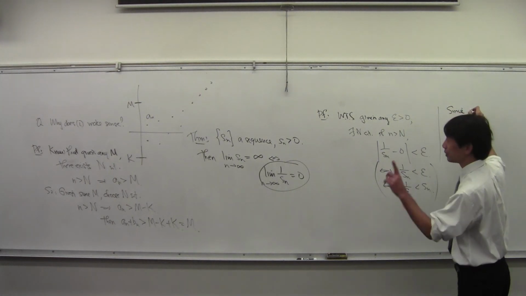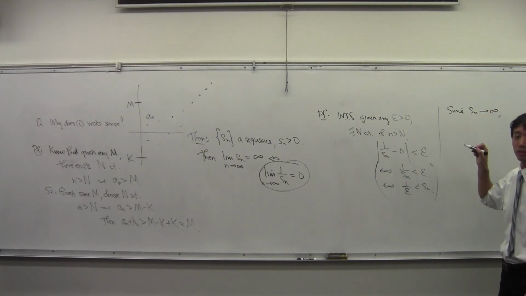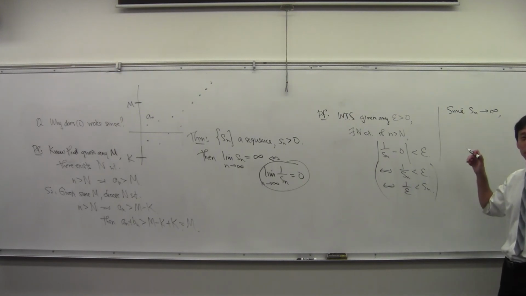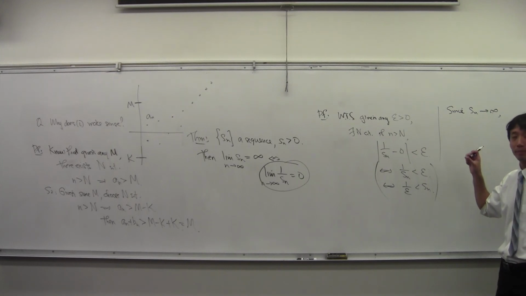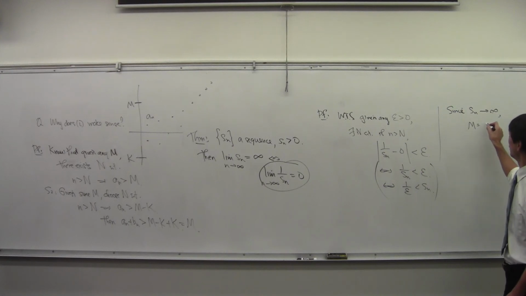Since s of n goes to infinity, given any capital M greater than 0, there exists a big N such that if n is greater than big N, s of n is greater than M. So 1 over s of n is less than 1 over M. And then epsilon equals 1 over M. Yes, so take your M to be 1 over epsilon.